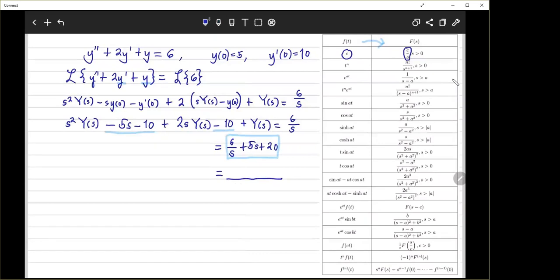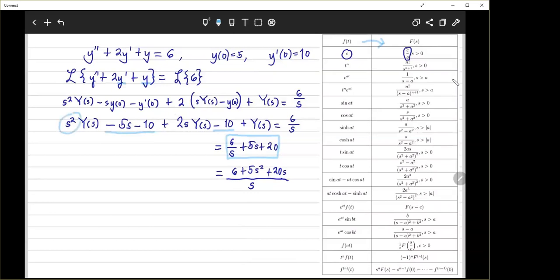So combining this into one fraction, I will get 6 plus 5s squared plus 20s. Okay. So now, on the left side, I'm going to collect the coefficients of y of s.